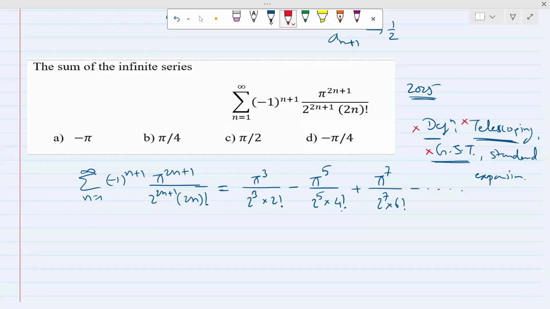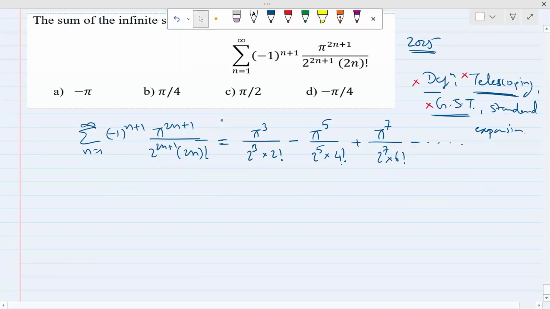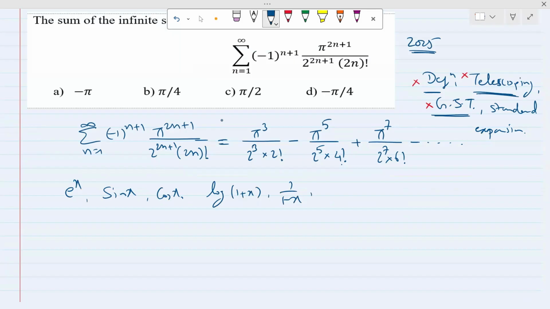So possibly you may have some standard expansion. So what are the expansions we know? We know few of them: e raised to x, sin x, cos x, or maybe log of 1 plus x, 1 upon 1 minus x, and you differentiate this, integrate this term by term.